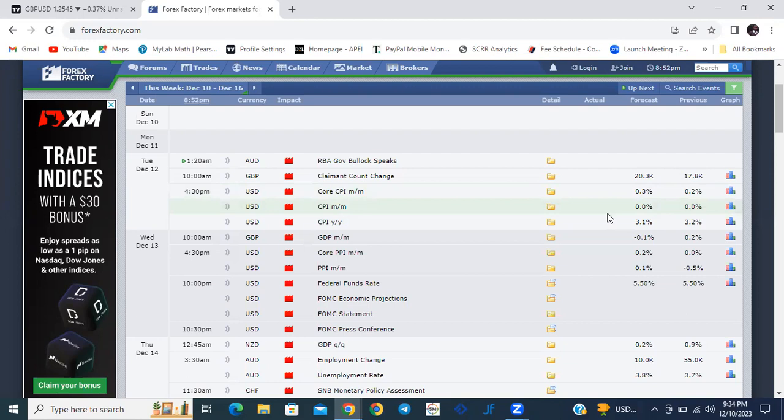The dollar is strengthened with anticipation of hiking interest rates, okay, so as to try and maintain inflation. Then CPI year over year, the previous was 3.2. They're projecting a decrease to 3.1. So if there is a decrease, then we anticipate the dollar to weaken. So if it happens like it's projected here, then we might have mixed data.